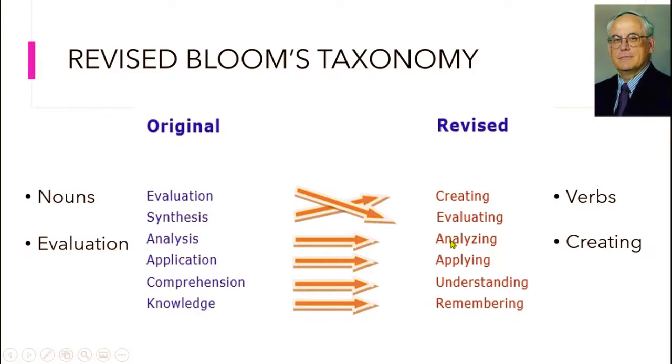In their defense, they said that if you are able to remember or identify things, and then you're able to understand things or explain things, and then you are able to apply those same concepts, you should then be able to analyze those ideas or analyze the application that you made, and then you should proceed to evaluation, which pertains to judging the whole experience and being able to use the evaluation or conclusion that you made to create something new. So that was their defense.